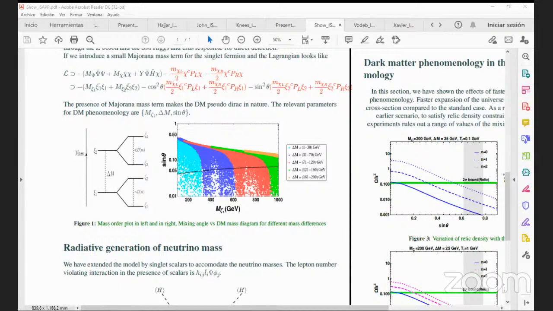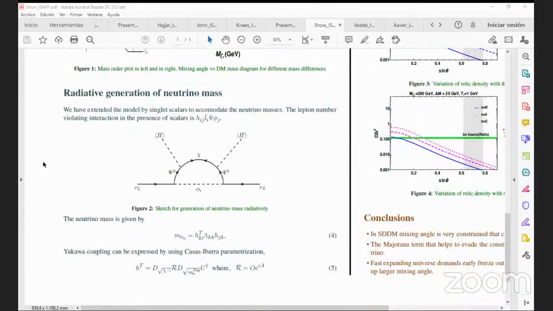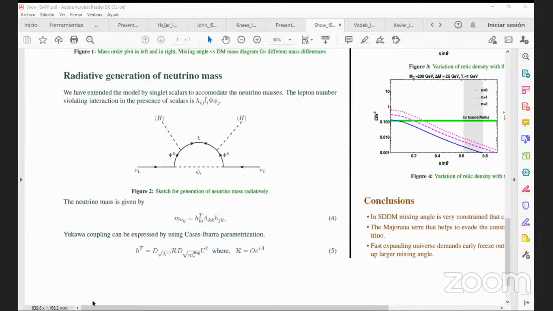Next I will talk about the radiative generation of the neutrino mass. Here we are extending our scalar sector by singlet fields. In the presence of the singlet field, one can write the Yukawa-type interactions, which is written just above the Feynman diagram, h_ij, psi_i, phi, psi_j. In the presence of this interaction, one can draw this diagram, which is responsible for the neutrino mass.